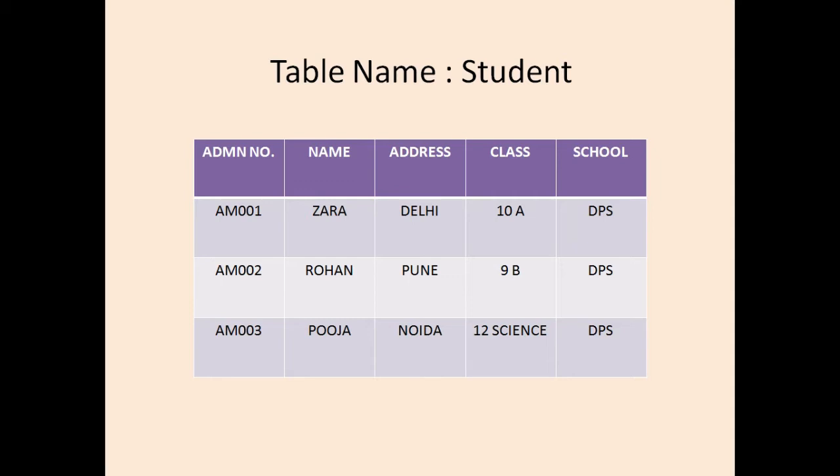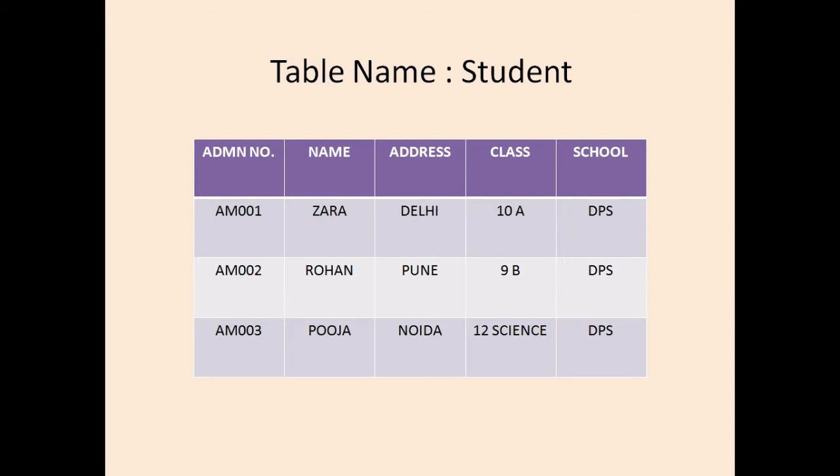So here let us consider the columns one by one. First let us consider the name column and try to find out all the values of one row. From the column name, if I select Zara and try to find her address, class and school, it is nearly impossible.